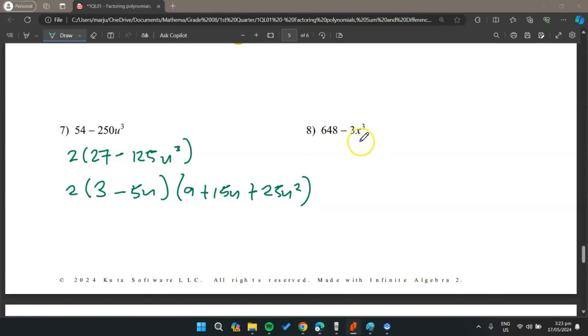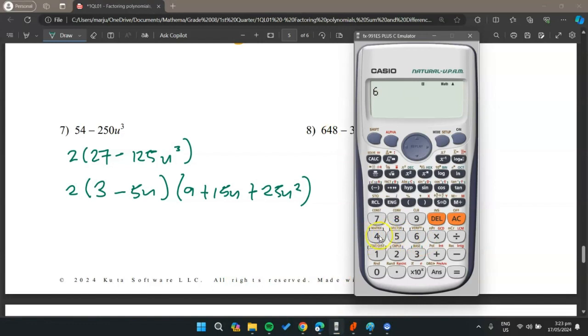Let's do number 8. Divide everything by 3 first. So what is 648 divided by 3? That gives us 216. And then again, the cube root of that. Let's see, that's 6.